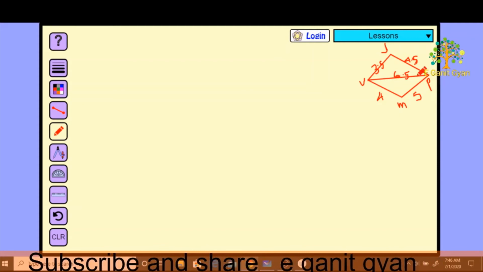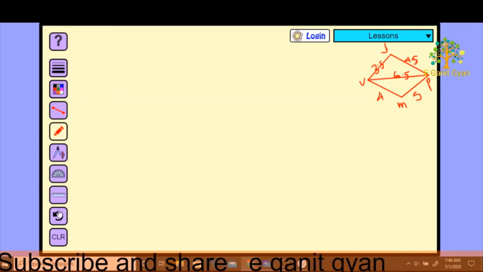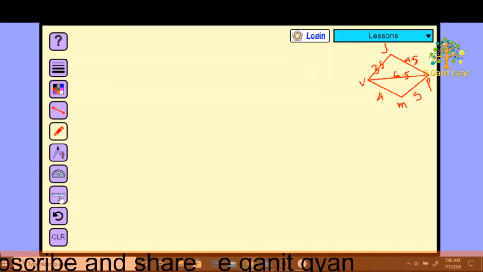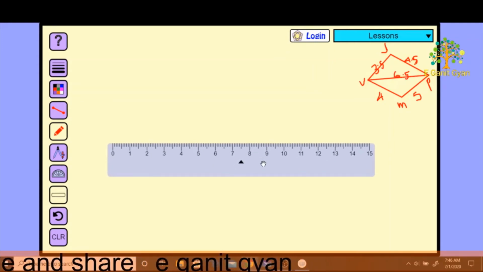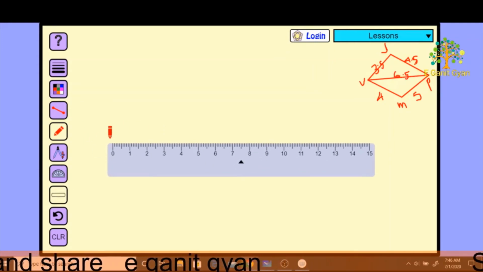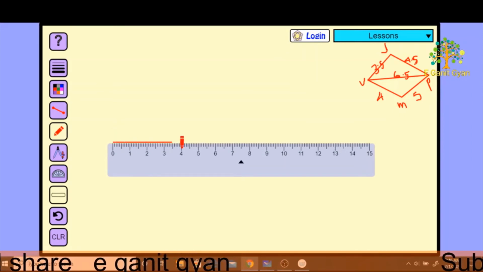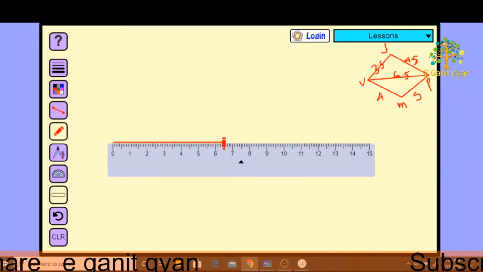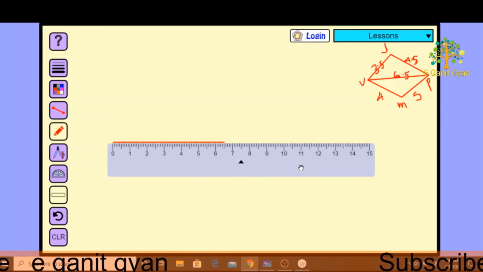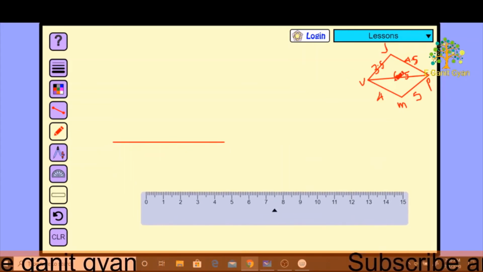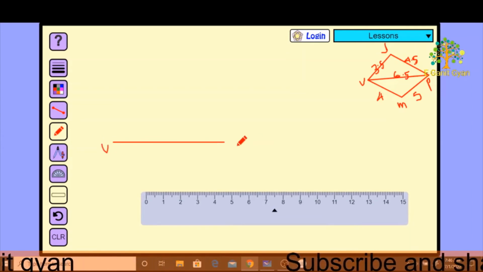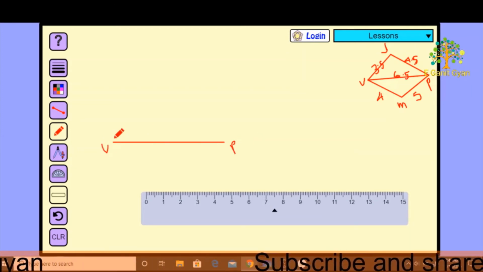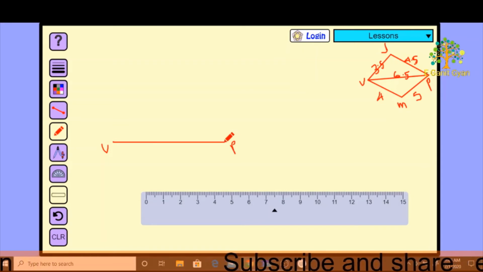The diagonal is PU, 6.5 centimeters. Okay, let us start with the diagonal. Let us draw a 6.5 centimeter line segment first of all, and let us name it as UP. So I can write U here, this one as P.